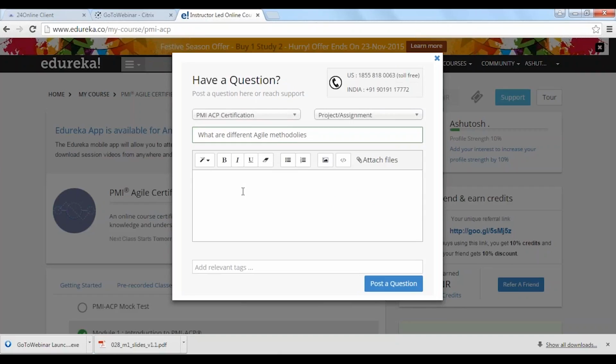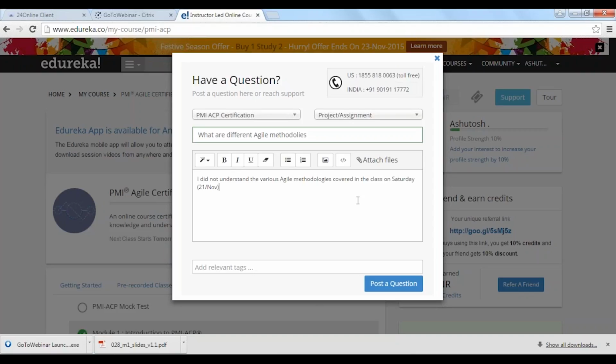So you can say something like this: I did not understand the various agile methodologies covered in the class on Saturday, say 21st November. And what you need to do is post this question.